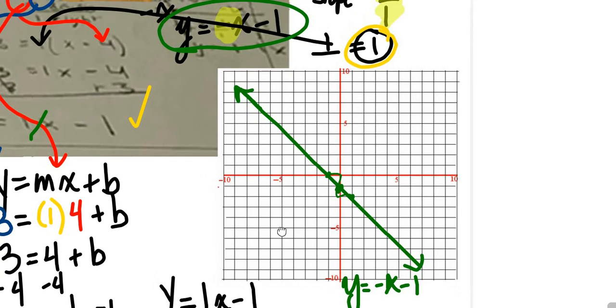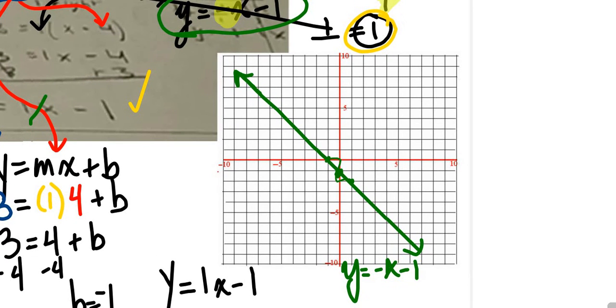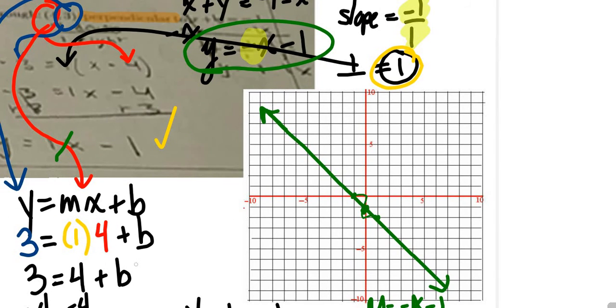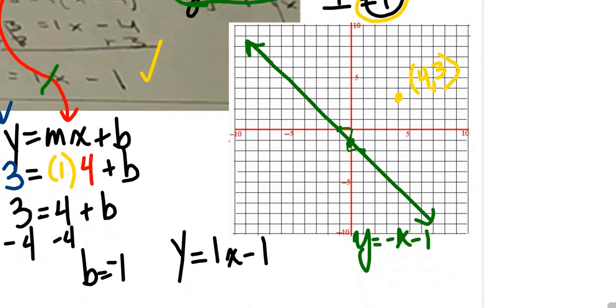Okay. And then we're going to graph this line here, our desired point was 4, 3. So let's plot that point. That's 4, 3. Let's see if it works. So our secondary line, we want it perpendicular and going through that point.